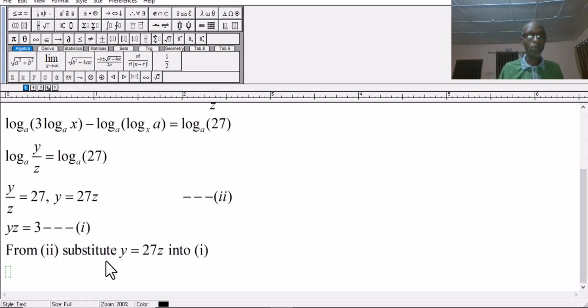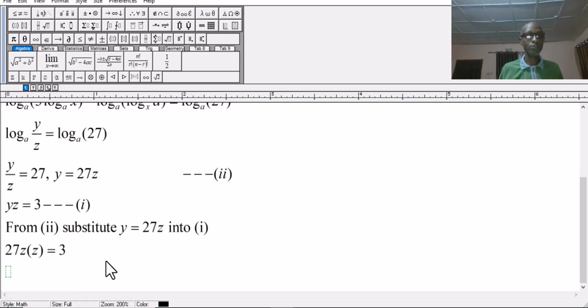So I can now have 27z times z is equal to 3. So we now have 27z squared equals 3.